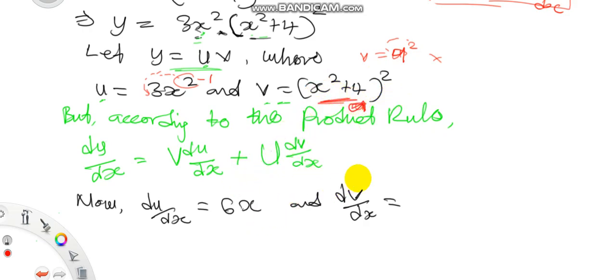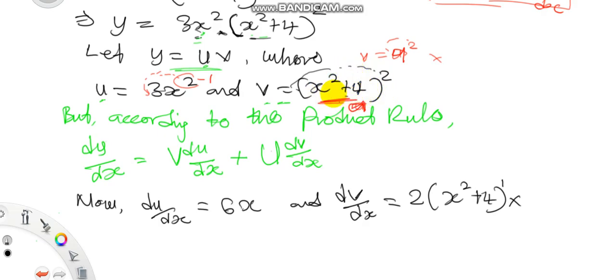We are going to multiply the whole expression by 2. We say 2(x squared plus 4) to the power 2 minus 1, which is just 1. Then, by the chain rule, we multiply by the derivative of the inner function. We ignore the 4 because the derivative of a constant is 0.